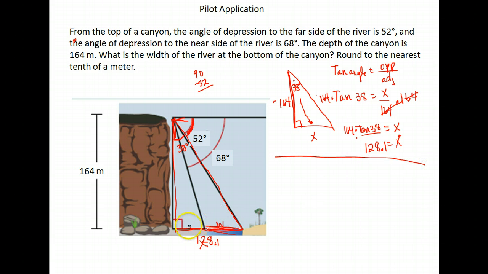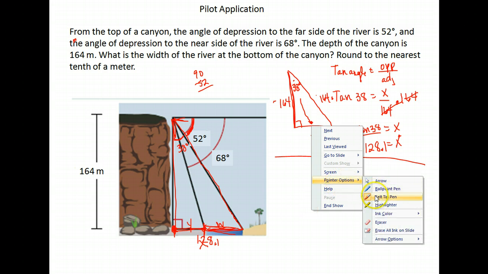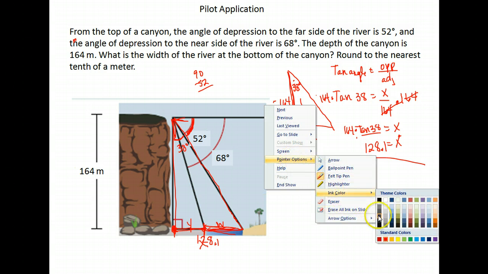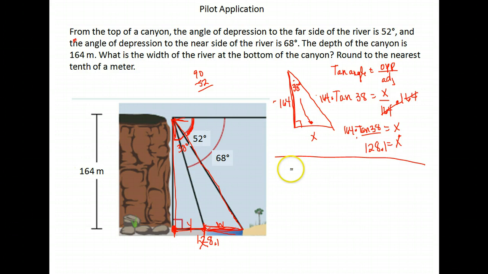Now, we need to find the distance from the canyon to the near side of the river. We need to find this value. I'm going to call it Y. I'm going to change ink colors so that this works out a little better. Okay, so now our picture is a little skinnier, our triangle, because we're only going to the near side of the river. Our height for the canyon is still 164. We have a new angle here, however. Now remember, our instructions said the angle of depression when we're looking at the near side of the river is 68 degrees.